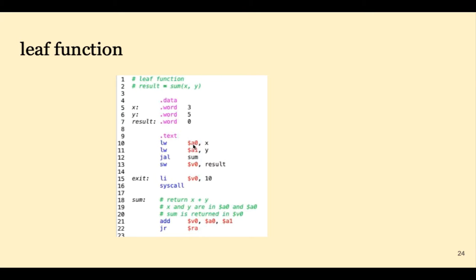We load into A0 and A1 the two arguments we want our function to know about. Then we jump and link to the function. This function will sum those two values and put the result in V0, and then finally jump back after the jump and link. V0 contains the sum of x and y, which we can store. Let's look at that in a demo.